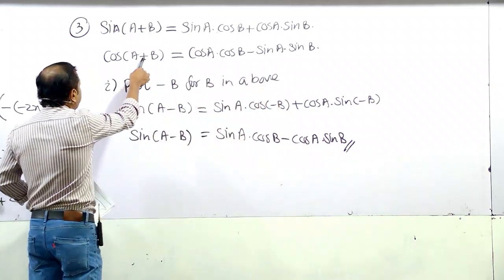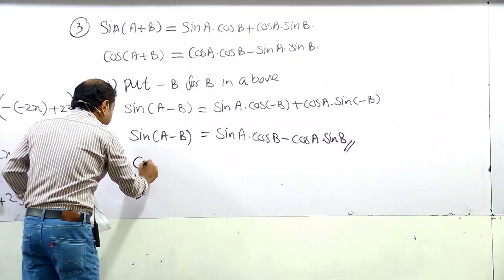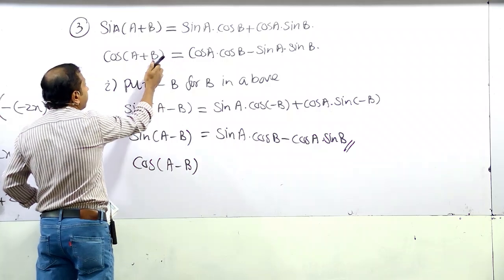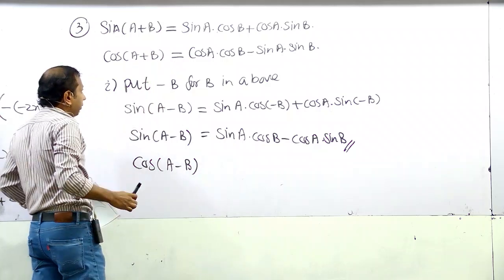Now here put for cos A minus B. Substitute minus B for B, then we get A minus B there.